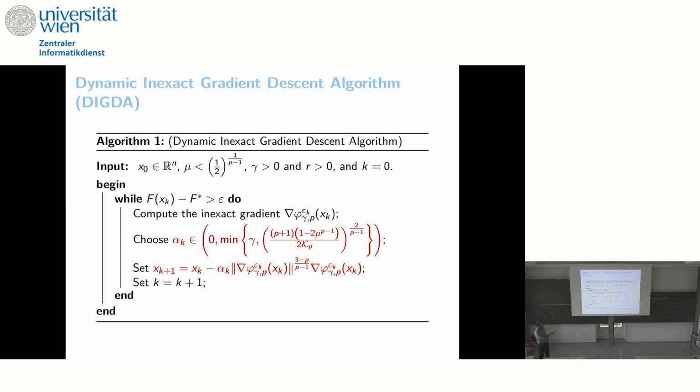Because of that, we can call it a dynamic step length. I couldn't put the full name here because it would be too long, unfortunately, so I only put dynamic here. I have this structure, and if alpha_k belongs to this area, I can show the convergence of this method. But here I need some kappa_P, and this constant kappa_P, I can construct it.